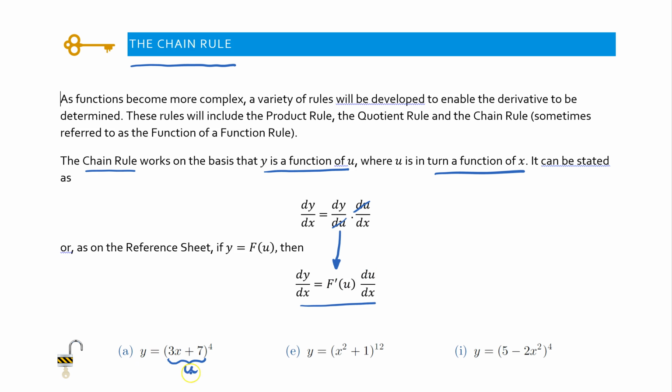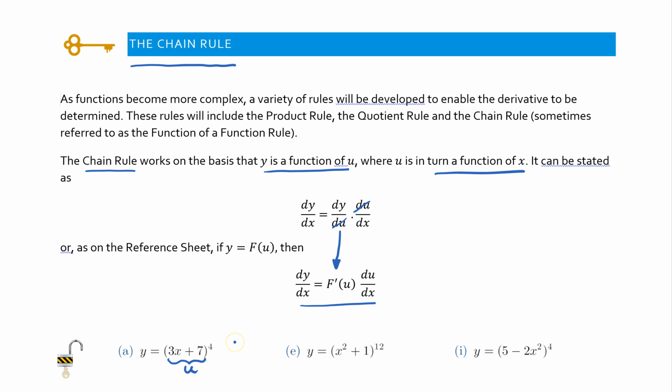So if we applied that method to this here, for example, if we didn't have an alternative method, we would have to use our present rule, we would have to say, I'm going to work out what 3x plus 7 to the fourth is by expanding it out and then apply my rule. But this lets us apply it in one fell swoop.